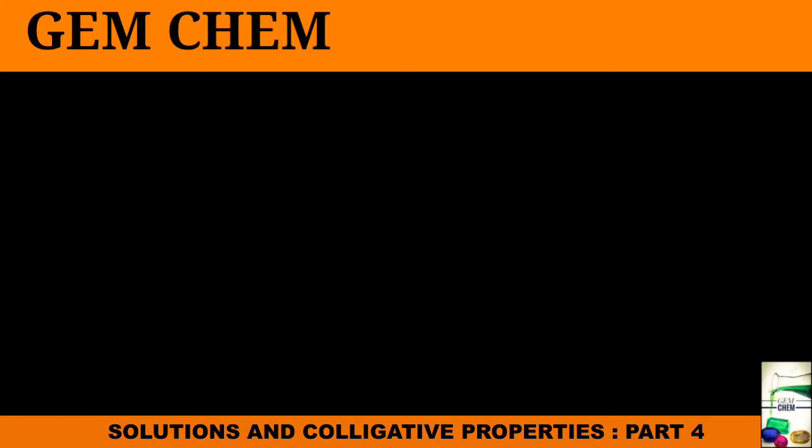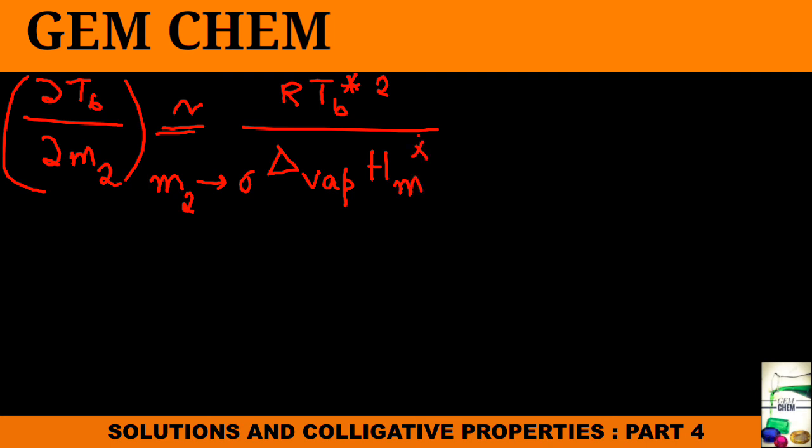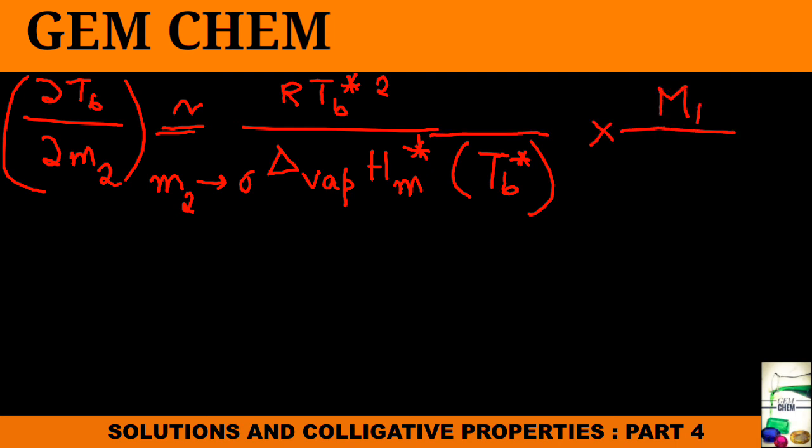Now we will see our final equation. Now our final equation will be like this: delta TB by delta M2, here M2 tends to 0, which is near about equal to RTB star square by delta VAP HM star TB star multiplied by M1 by 1000.